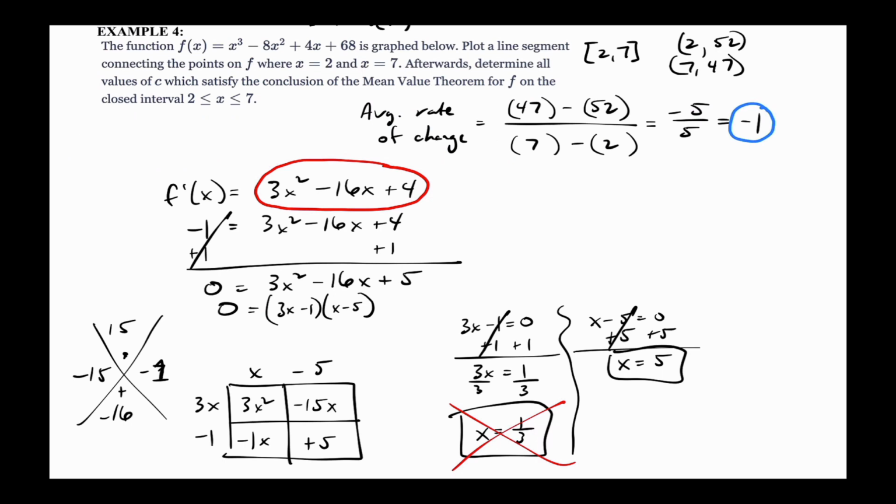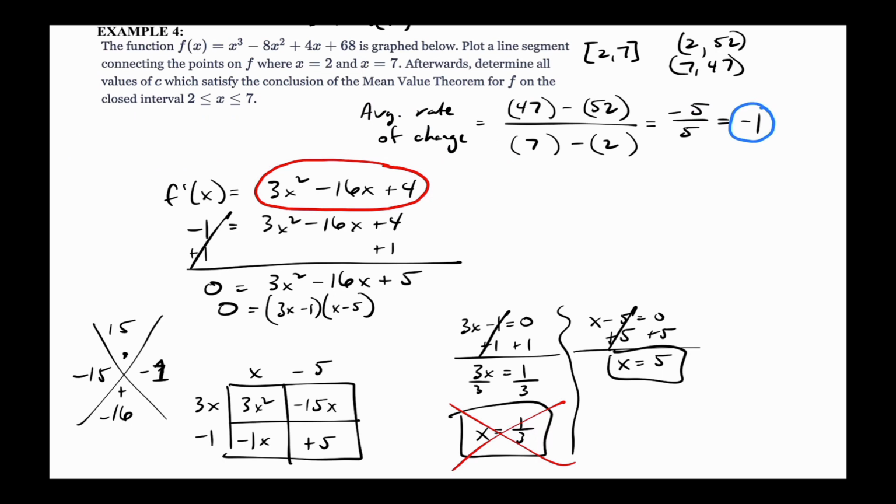So I factored it using trinomial steps. There was no GCF. So I just factored it like I normally would. And I got 3x minus 1 and x minus 5. Once I did that, set those factored terms equal to 0, and you get 2 answers. You get positive 1/3 and positive 5.